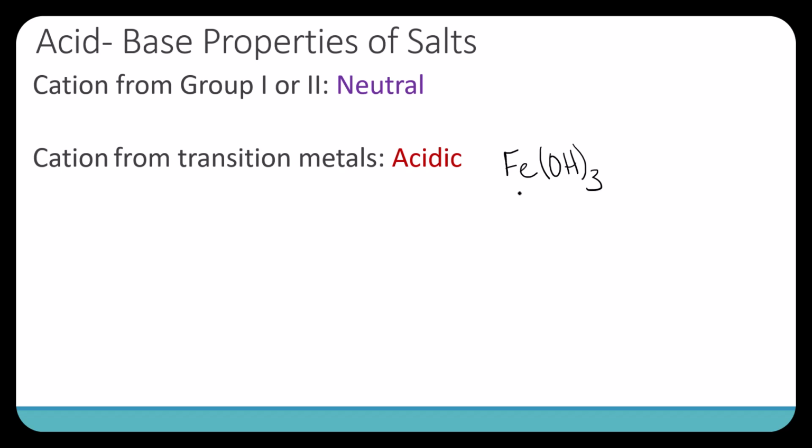Okay. So this guy right here is a transition metal. And it is also a transition metal with a really high charge. It has a 3+ charge. So a transition metal, particularly ones with high charges, those will have an acidic effect. So I put this iron in the presence of water, and it will behave like an acid. It will donate a proton.